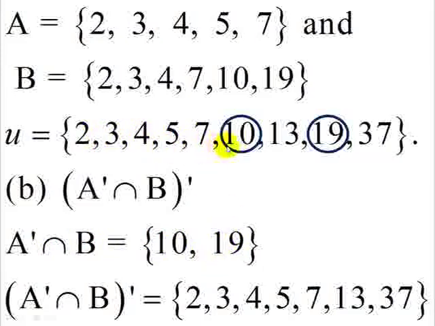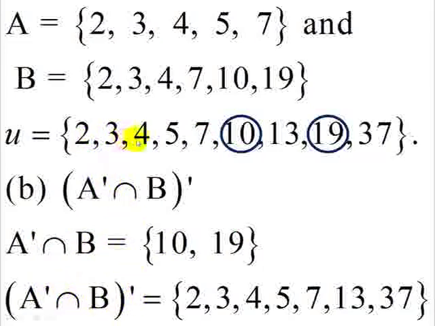And when we look at the universal set, 10, 19 are elements that belong to A complement intersection B. So all the other elements that do not belong to A complement intersection B are the members of the set A complement intersection B complement.